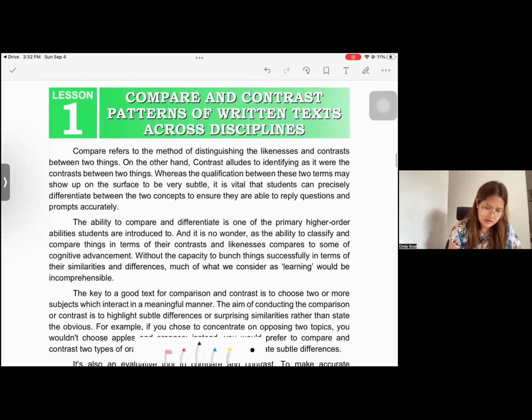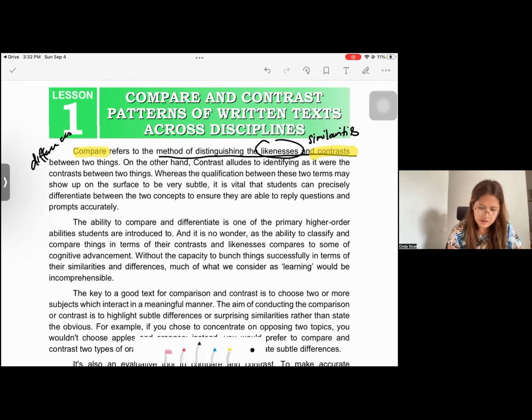When we say compare, we refer to the method of distinguishing the likenesses. Like what I've mentioned, the similarities. How are they alike? And then when we talk about contrasts, we talk about the differences, I mean.